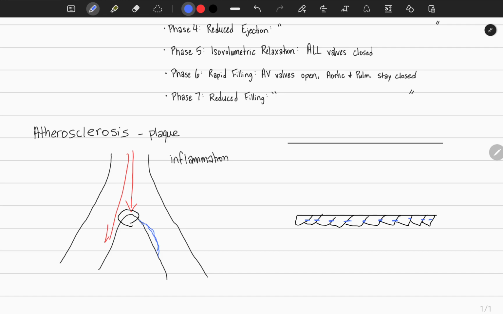So what we have here is small dense LDL. Small dense LDL is going to squeeze itself between these gap junctions, and it is going to oxidize.